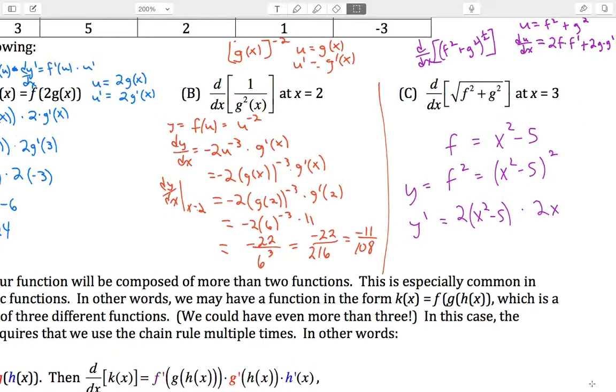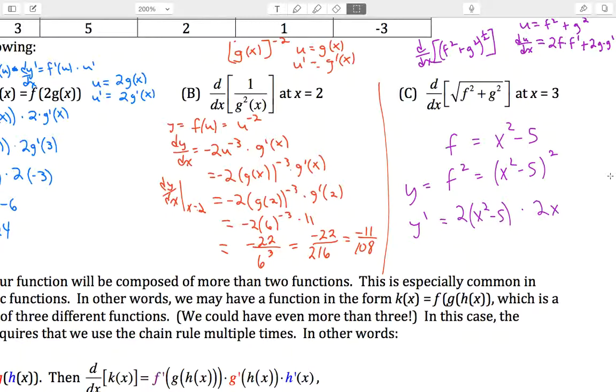Does that help? Because you're taking the derivative of it and then multiplying by its derivative. Right, this is something squared, so we take the derivative of the squared times the derivative of the something.